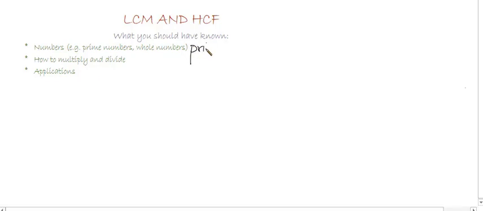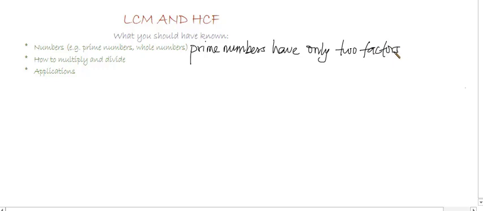Prime numbers have only two factors. Take for example, if we have this list of prime numbers whereby we multiply some numbers which would actually give us the prime numbers.